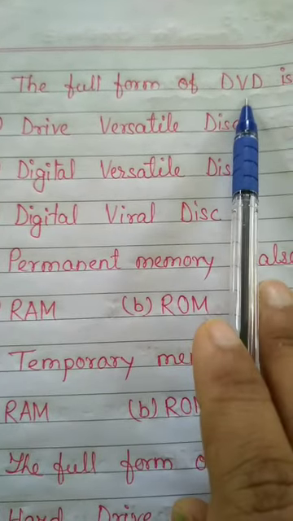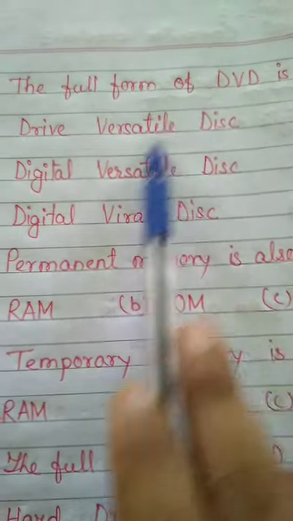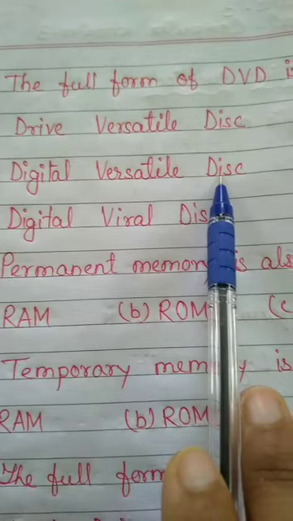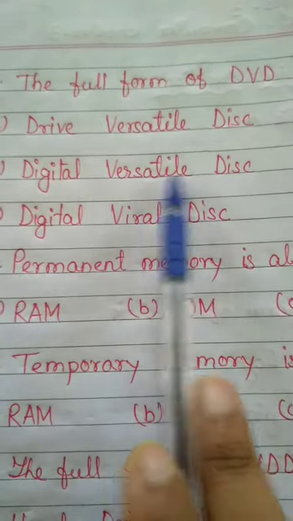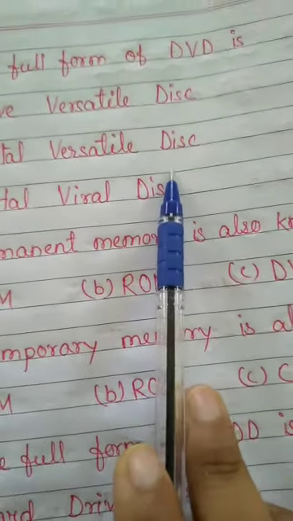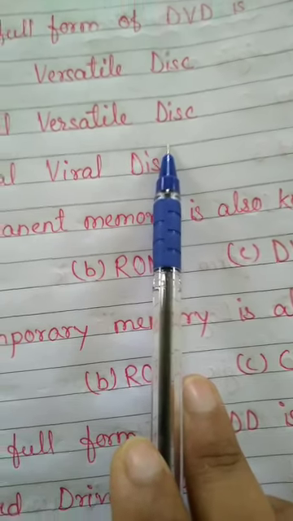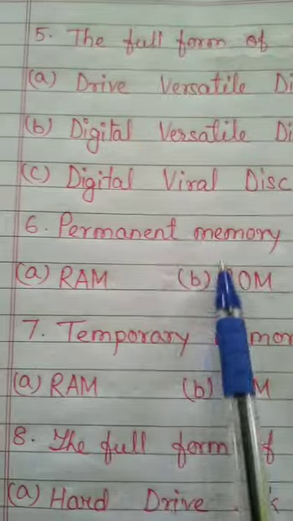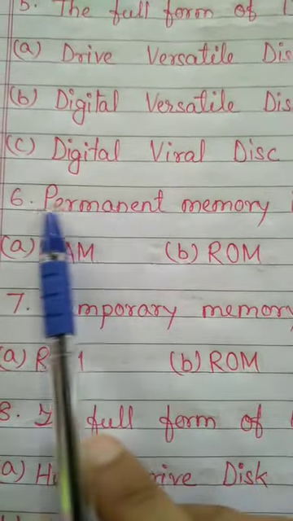The full form of DVD is D for digital, V for versatile, D for disk. This answer you will get on page number 14 from chapter 3. Moving to the next question.